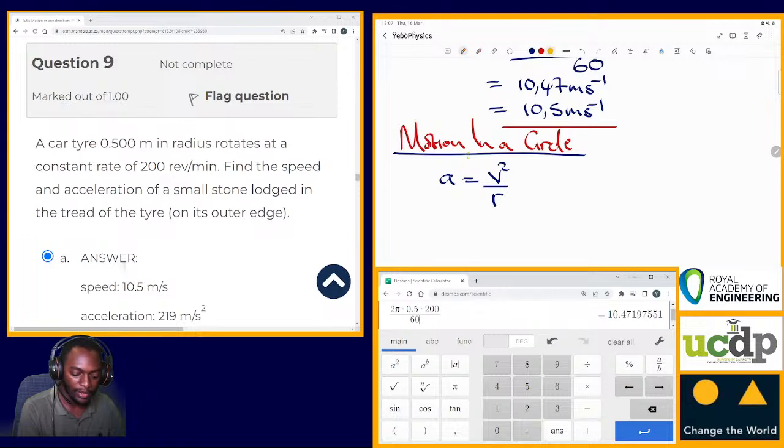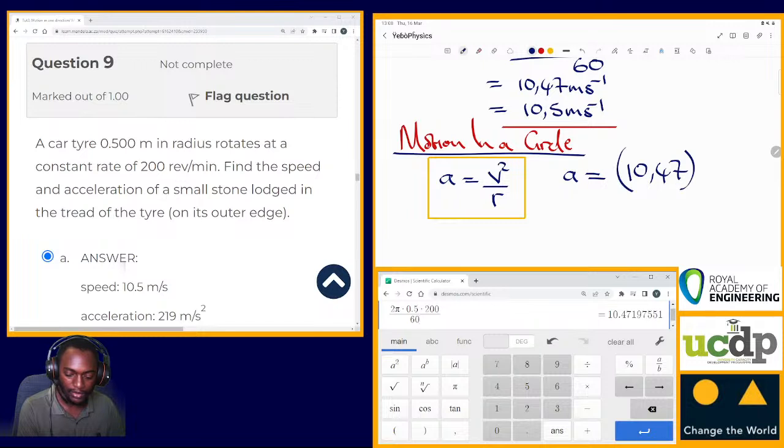That will be our equation. So our acceleration is equal to, we already have our speed, 10.47 all squared over the radius of 0.5.